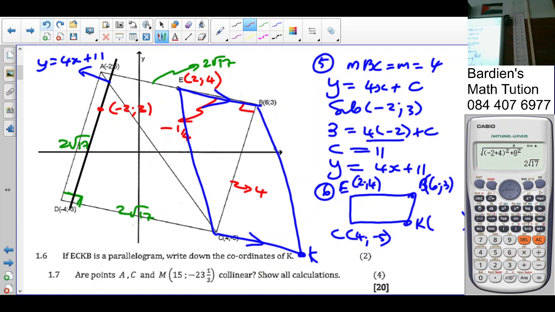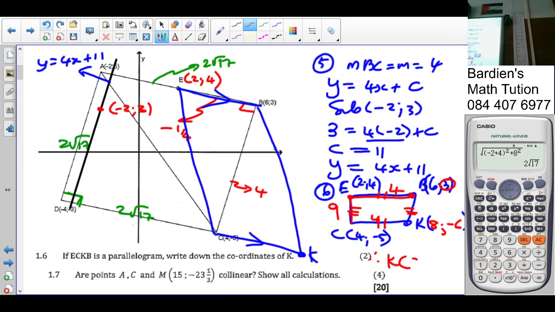So, remember that in a parallelogram, those opposite sides are equal and so on. So, what is the distance from E to B? 2 to 6 is how many? 4 units. So 4 plus 4 is 8. From 4 to negative 5 is how many units? 9. So I'm dropping 9. What's 3 minus 9? Negative 6.